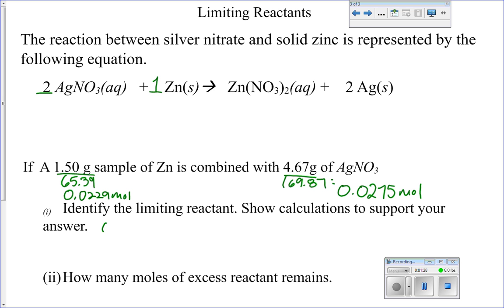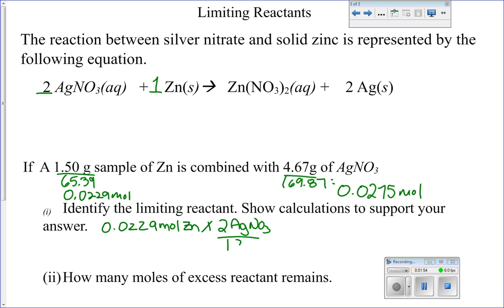So I know if I have 0.0229 moles of zinc, that I'll be required to have twice that amount of AgNO3. So my ratio of zinc to Ag is going to be a 1-to-2.